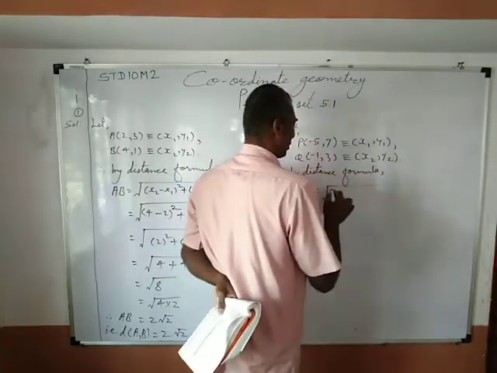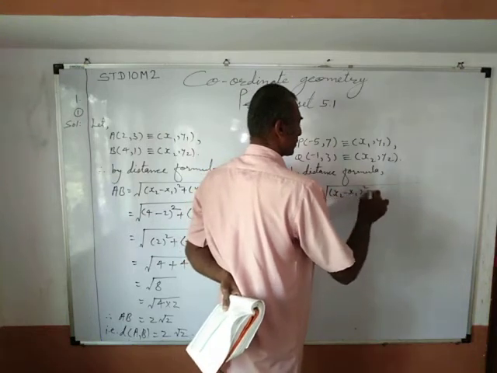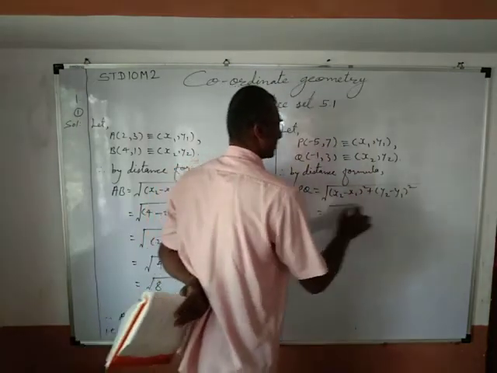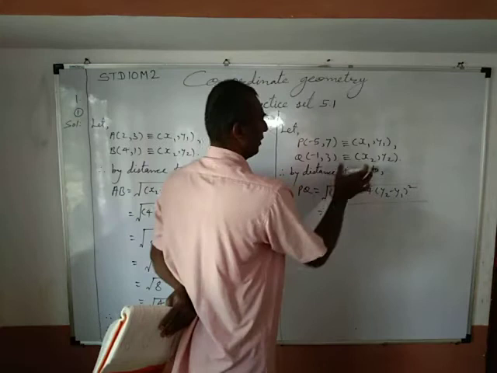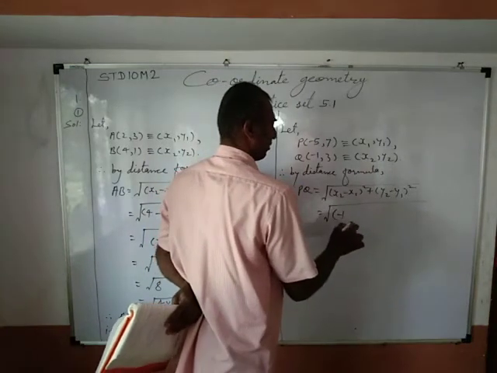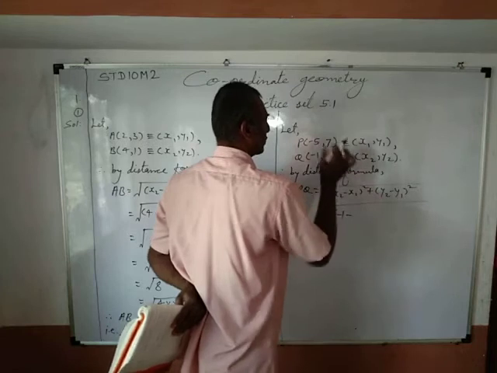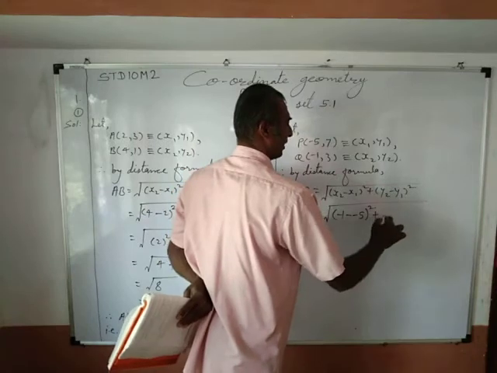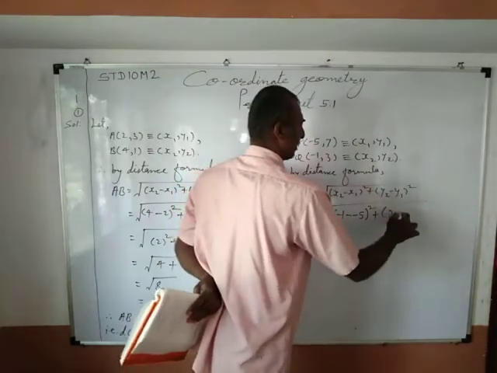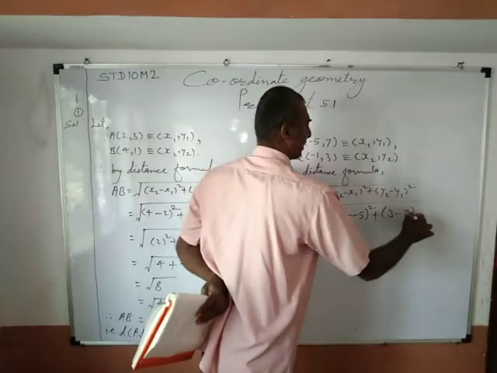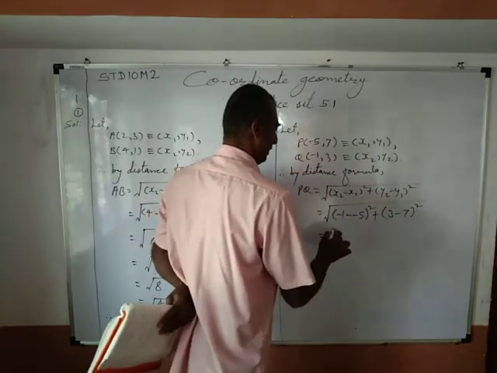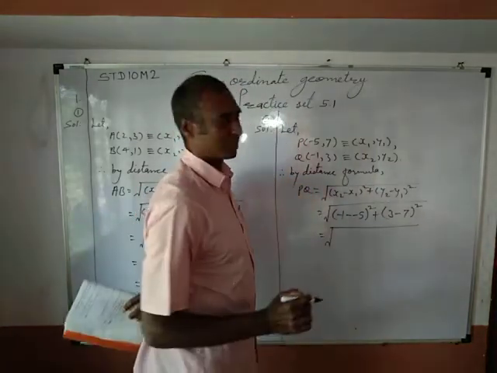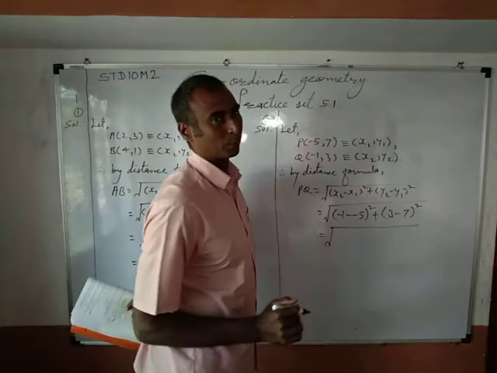equals under root (x2 minus x1) square plus (y2 minus y1) square, equals under root, value of x2 is minus 1, minus 1 minus value of x1 is minus 5, (minus 1 minus minus 5) its square plus value of y2 is 3 minus value of y1 is 7, bracket square, equals under root minus 1 minus minus 5 means minus 1 plus 5.